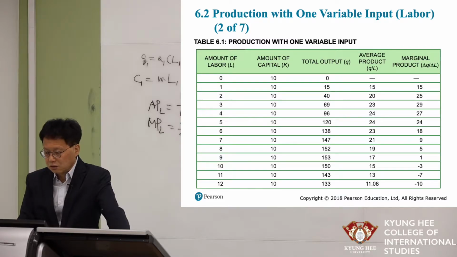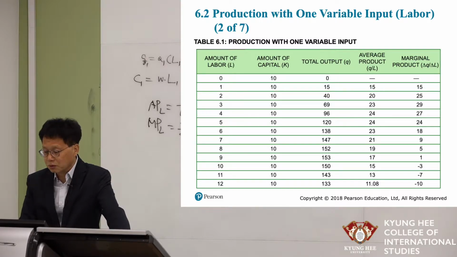And from here we know the table. This table shows the amount of labor and the amount of capital. Capital is 10 every time, which means capital is a fixed variable. Then total output is like this. Average product is total output divided by L, so you can calculate the average product like this.